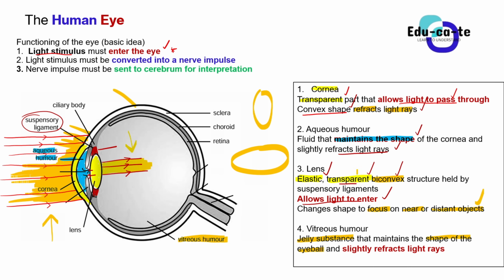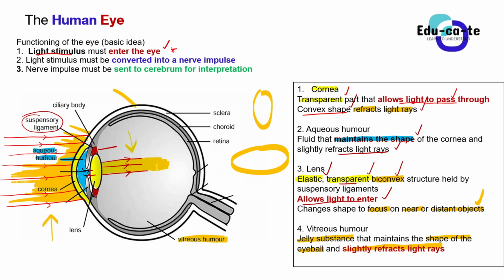But basically what we're saying is that the vitreous humor fills this entire space such that it makes the space round. So it maintains the round shape of the eyeball. It also slightly plays a role in bending the light rays, but that role is very small.